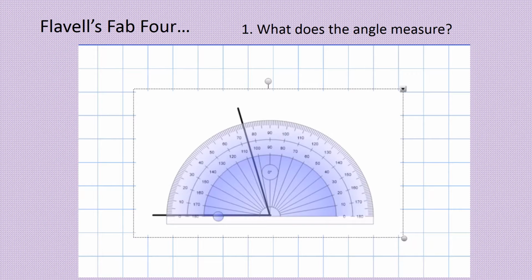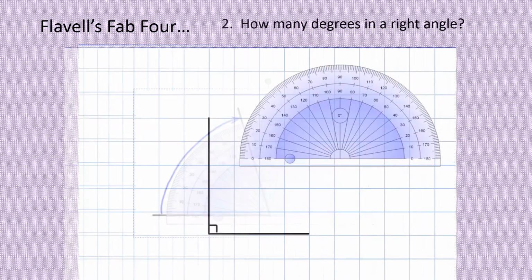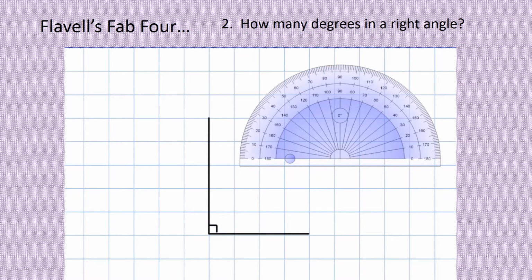So first of all, what does our angle measure? So we're reading from here around to there. So we've got 70, 1, 2, 3, 4, and we'll find it's exactly between 70 and 80. So the angle must be 75 degrees. Right, okay, and a right angle.